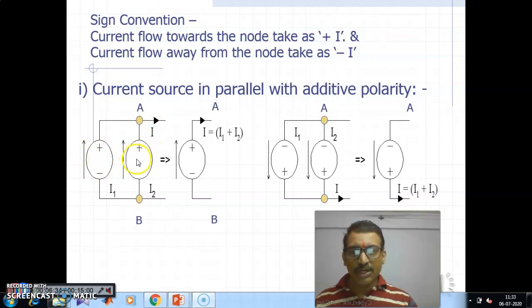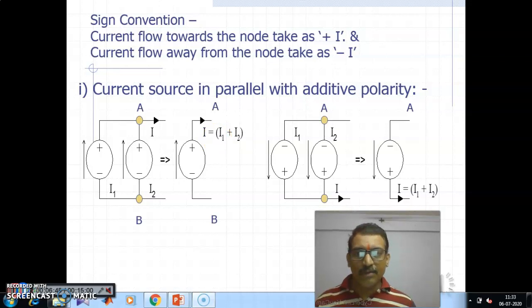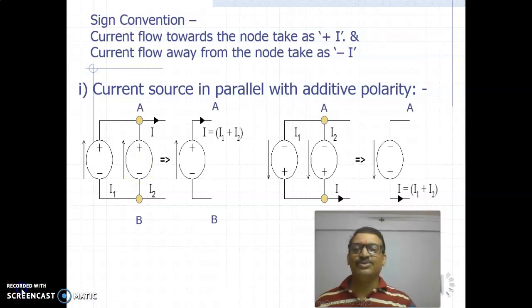So both current sources can be represented with a single current source with the value I equal to I1 plus I2, as both sources are towards the node. These two current sources are connected in parallel, and both currents are in the same direction, therefore the total current I is equal to I1 plus I2.